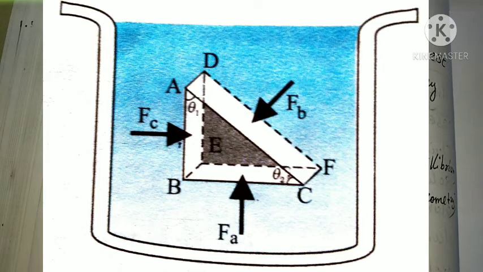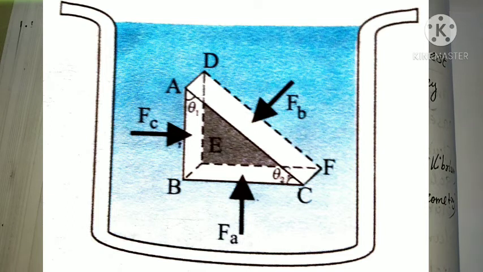Suppose the fluid exerts pressure PA on the face BEFC, pressure PB on the side ADFC, and pressure PC on the side ADEB of the element. Therefore, the corresponding normal forces on these faces are FA, FB and FC.